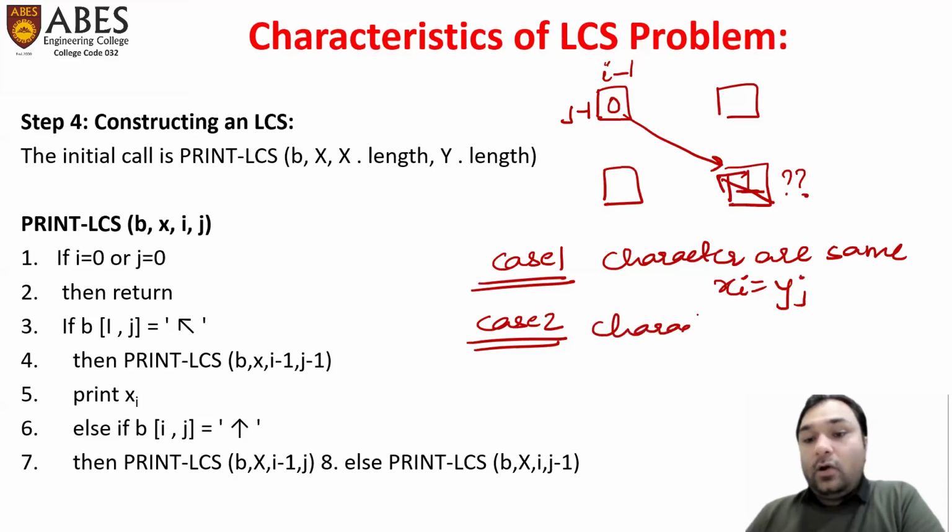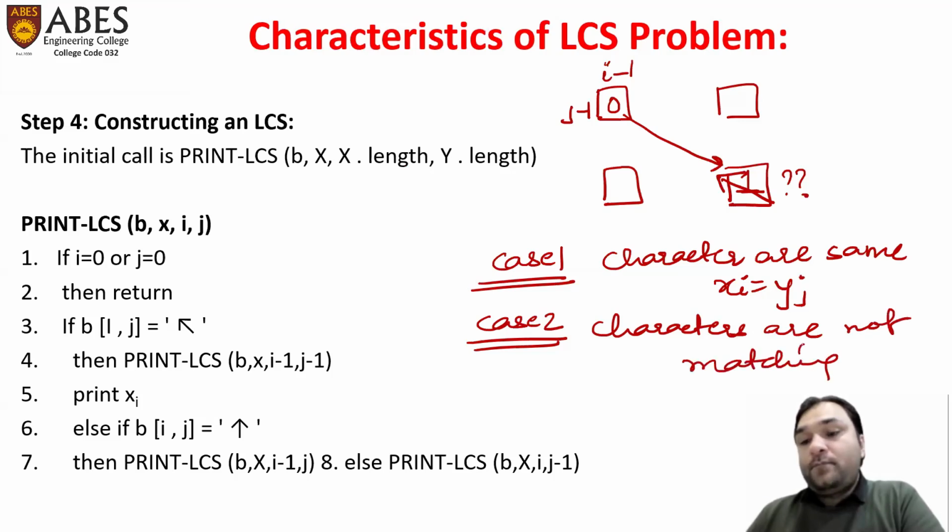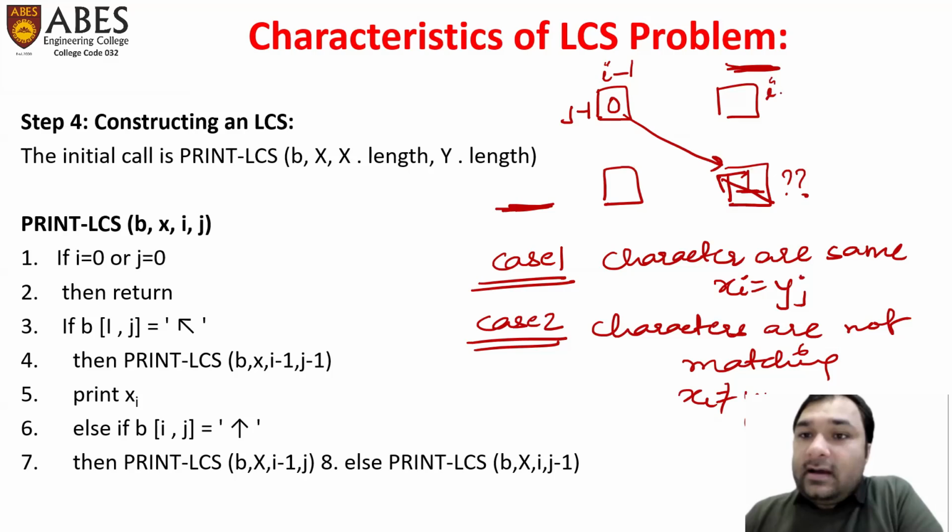Case 2: characters are not matching, Xi not equal to yj. If this character and this character are not the same, this is I minus 1 comma j and this is I comma j minus 1.